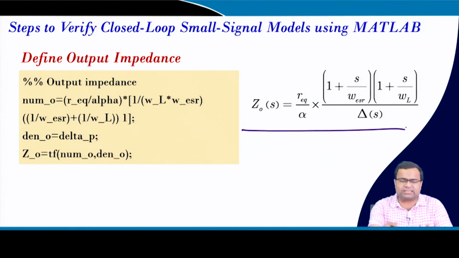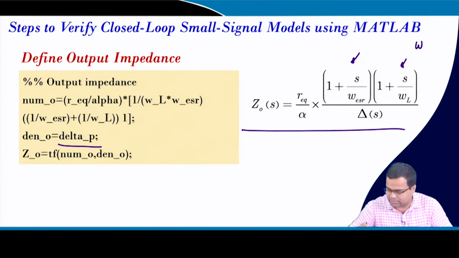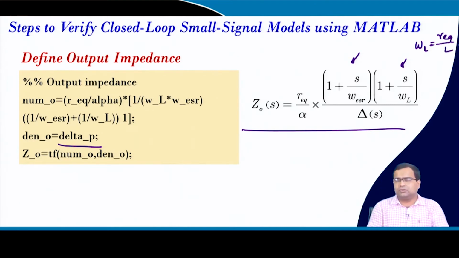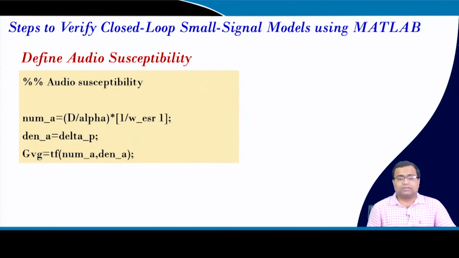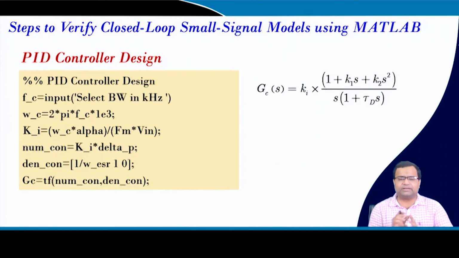So, these are all explained: the denominator pole is common, delta, and it has two zeros, one due to ESR and another due to the DCR, the equivalent resistance of the inductor and RDS on. So, here what is omega L? Omega L is nothing but R equivalent by L.